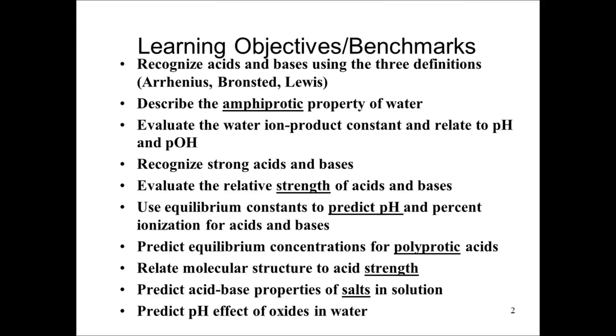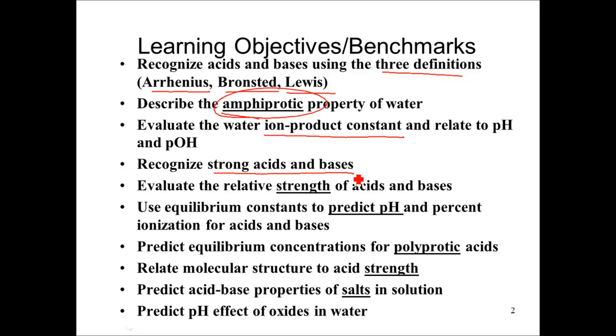On slide 2, learning objectives. What we need to know are 3 different definitions for acids and bases: Arrhenius, Bronsted-Lowry, and our Lewis acid definition. We're going to learn about the amphoteric, amphiprotic property of water. We're going to evaluate the water ion product constant and relate it to pH and pOH. We're going to recognize strong acids and bases.